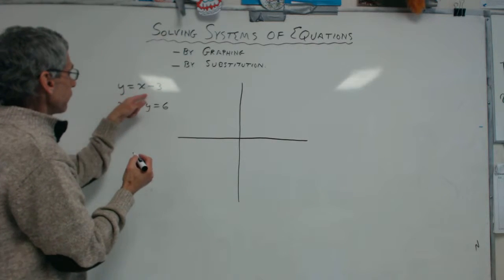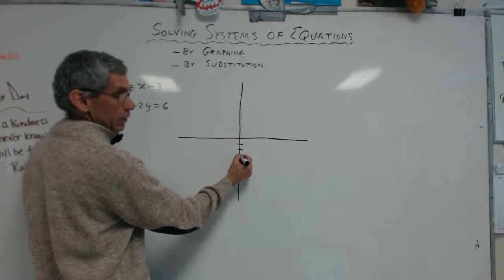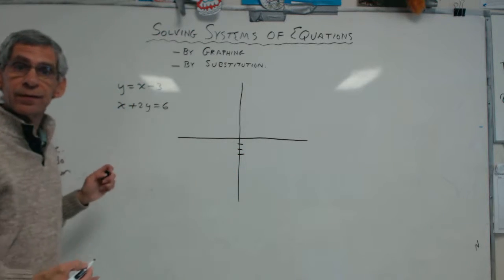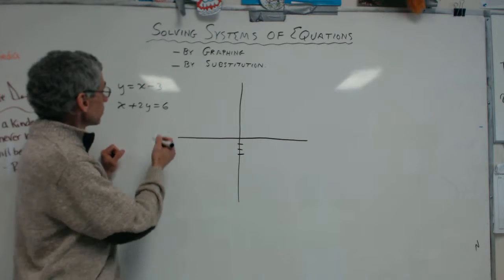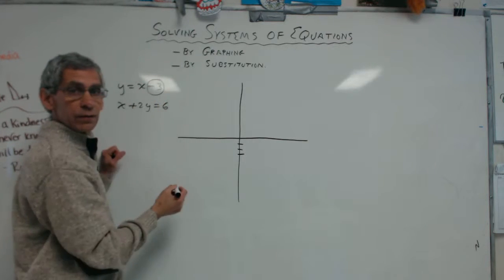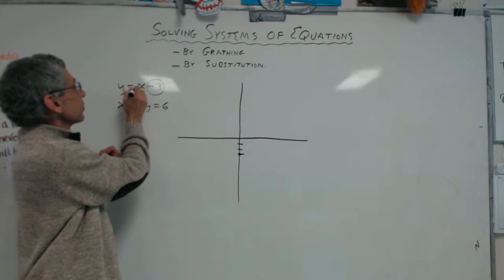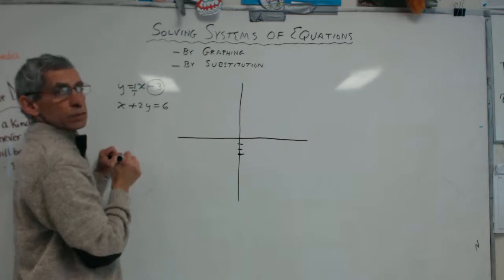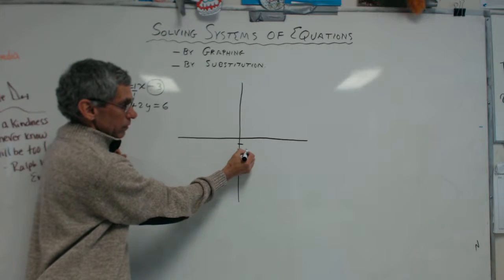So how would I graph this one? First thing I do is look for the y-intercept. I go to -3 and put a dot. And then what's the slope? From here I rise 1 and run 1, dot.